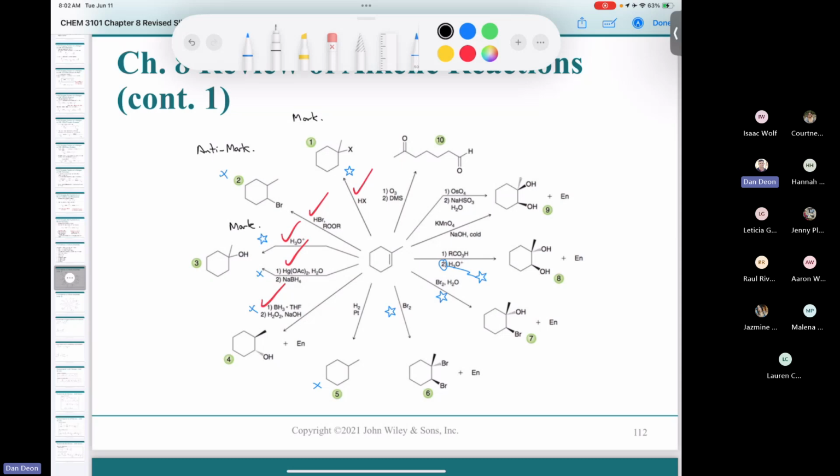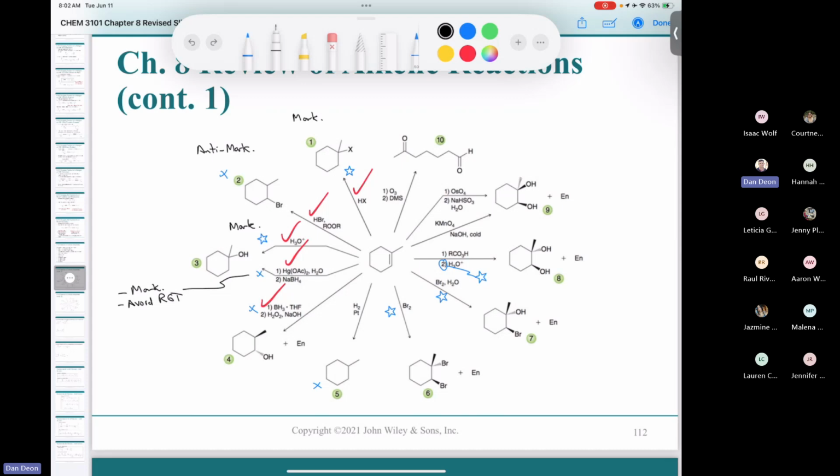And then we talked about oxymercuration, demercuration, which also proceeds with Markovnikov regioselectivity, but it avoids carbocation rearrangement. So if we need to prevent a carbocation rearrangement from occurring, we would use oxymercuration, demercuration. Otherwise, we stay away from it because it uses mercury. Again, the Markovnikov addition of water across a double bond, I expect you to know that mechanism.